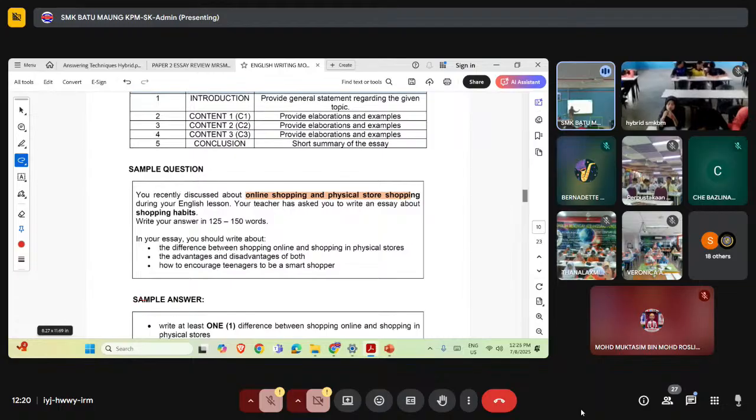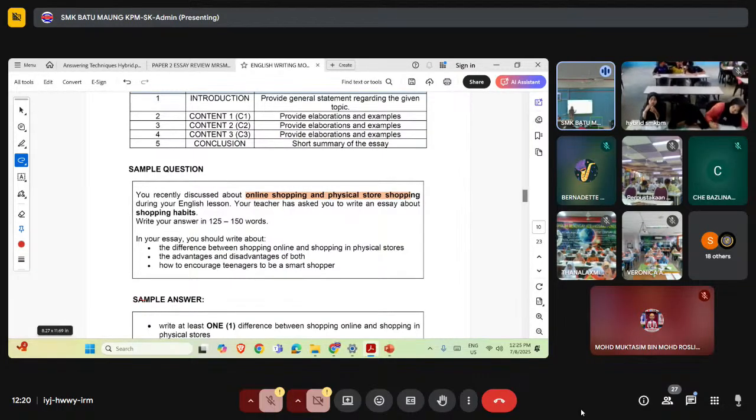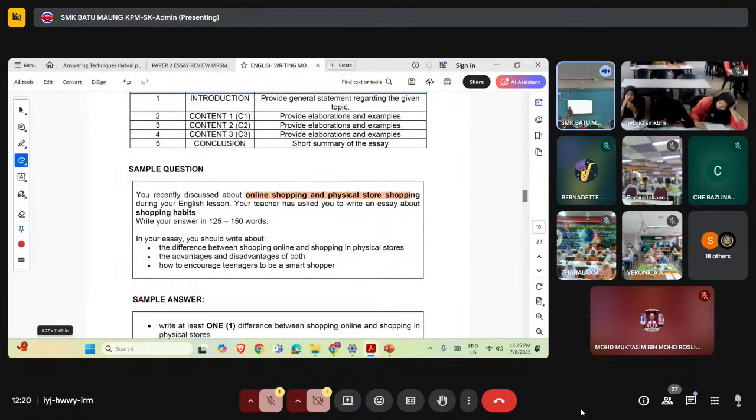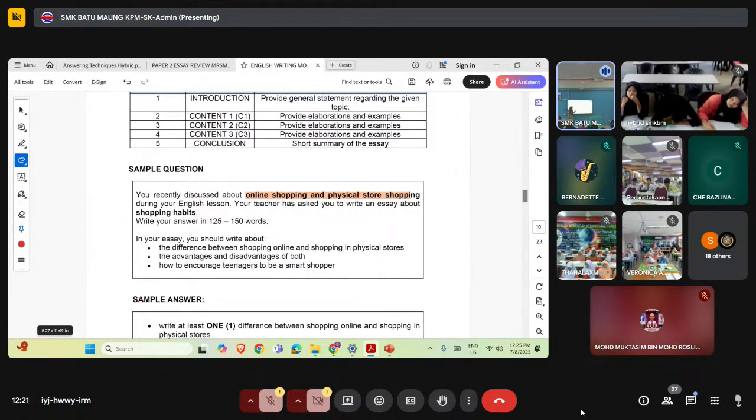Understand? Okay, another thing that you need to pay attention to is advantages and disadvantages. How many advantages, how many disadvantages do you need to include? At least 2. 2 will do, but don't write only 1, because the requirement here is you have to write more than 1 advantage and disadvantage. And then how to encourage teenagers. How many points?